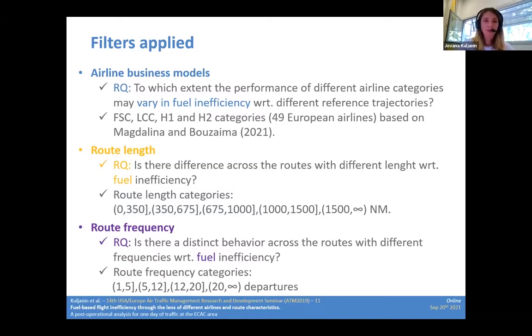So finally, the route frequency is included to see if there is a distinct behavior across routes with different frequency with respect to fuel efficiency.